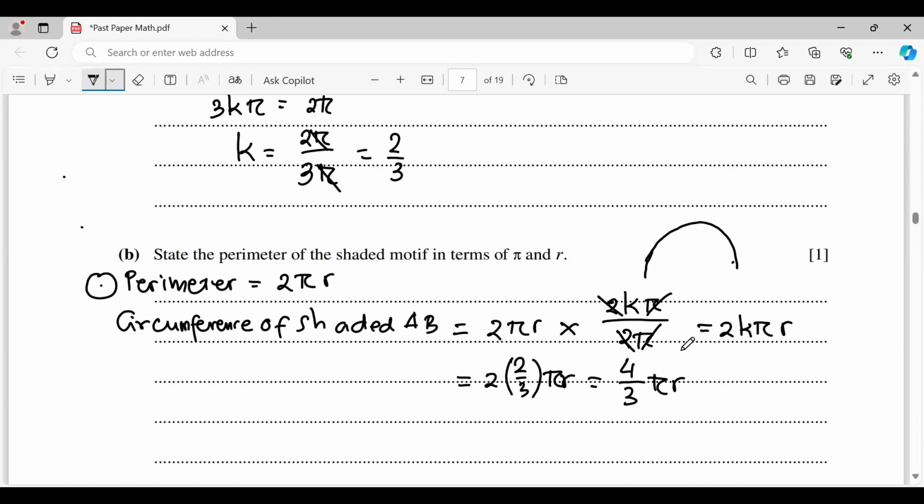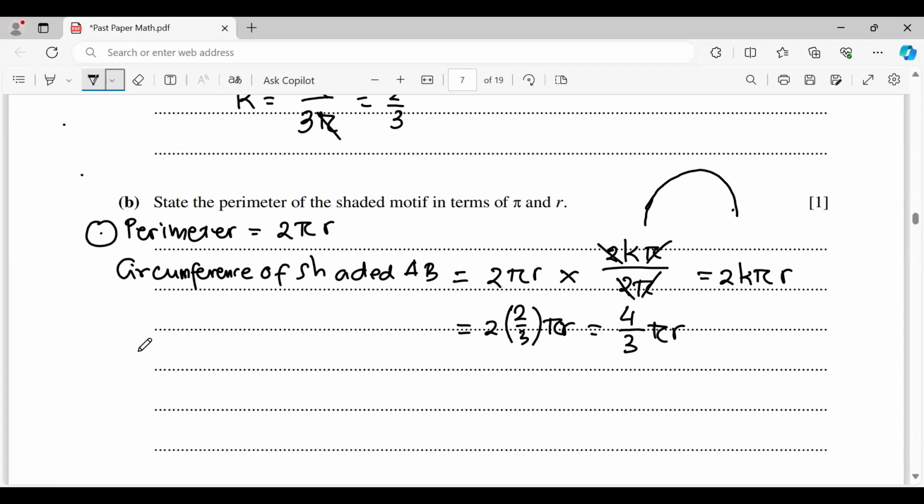Then next, we are going to find the circumference AOB. It equals 2 pi r minus 4/3 pi r.